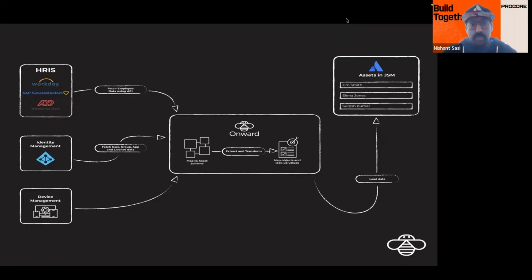So in this page, you can see Onward fetches the employee data from the HRIS system, let's say Workday or ADP or Factor, and it fetches things like name and email, which is very much important in the Jira world for the account ID, right?